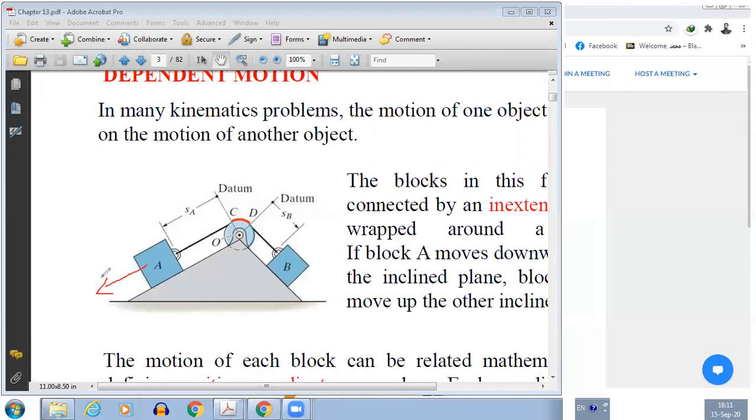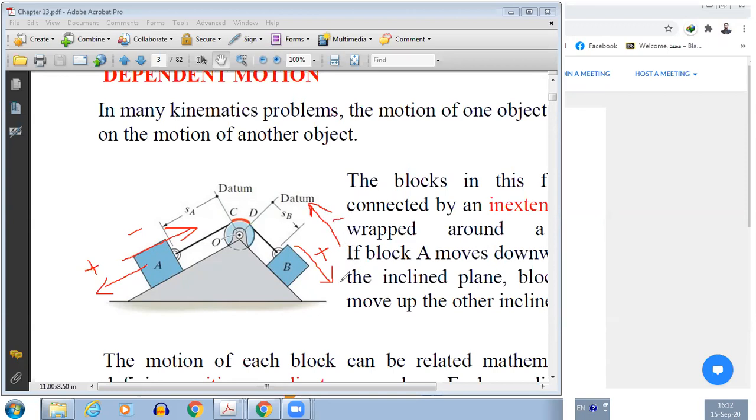If it is going in this direction, then A is going away from the datum, so the motion of A will be considered positive. If A is moving in this direction, then it is moving towards the datum, and we will consider this motion negative. Similarly, if B is moving away from the datum, this motion would be considered positive. If B is moving towards the datum, this motion would be considered negative.